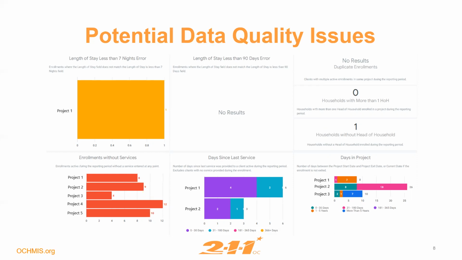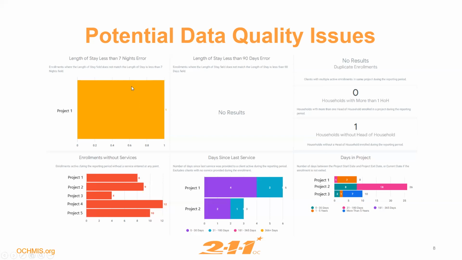But in some cases, there's another question that asks, was the client's length of stay in that prior living situation less than 7 nights? Or was the length of stay in that prior living situation less than 90 days? So these two charts are looking at if that yes, no question matches what you entered for the length of stay field.